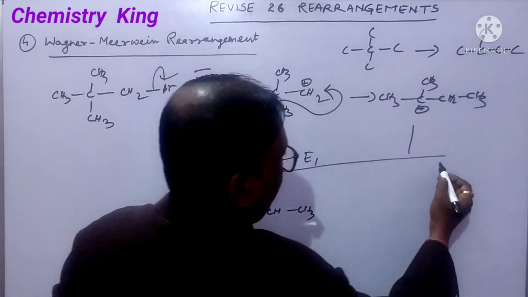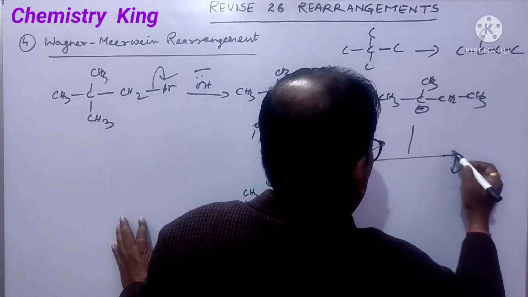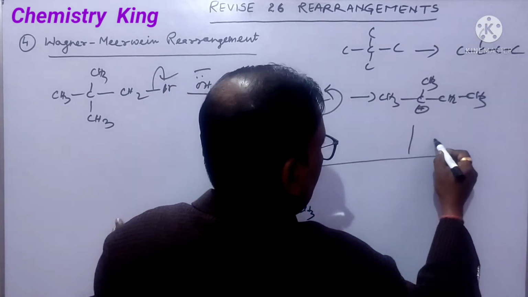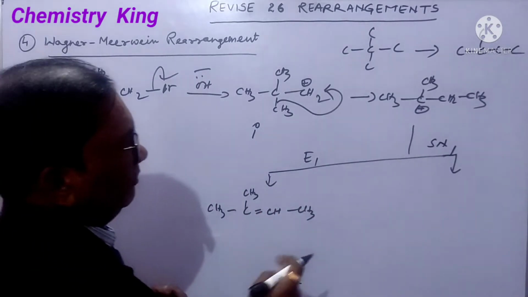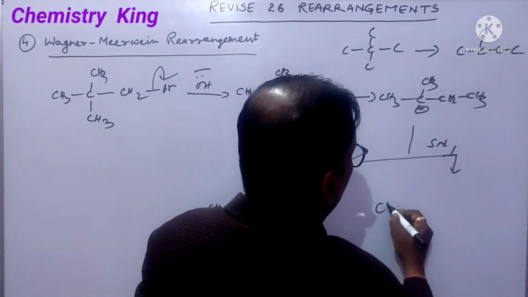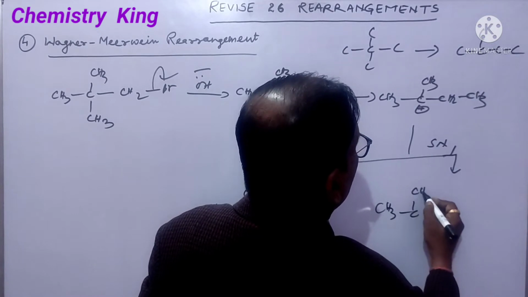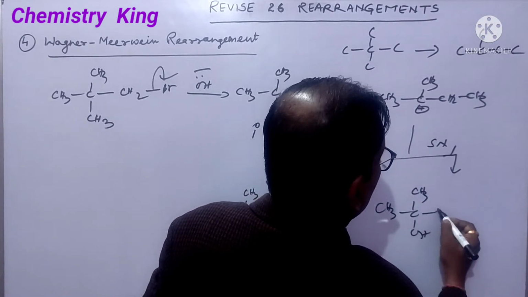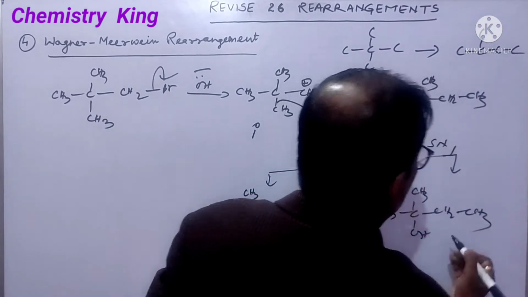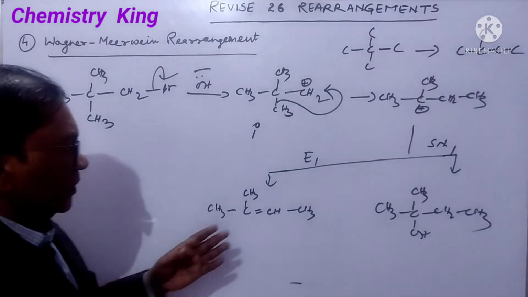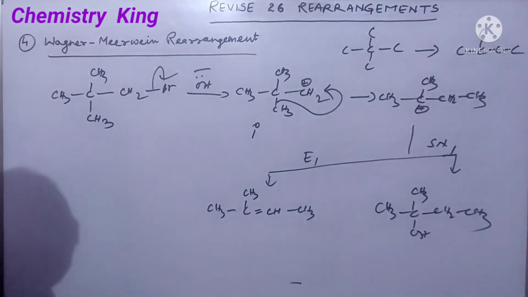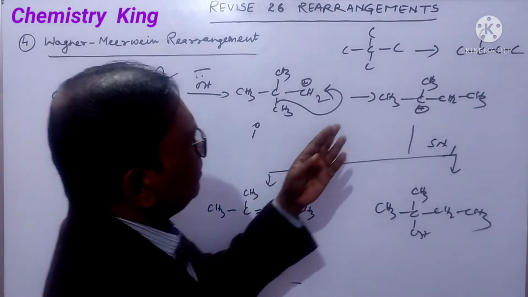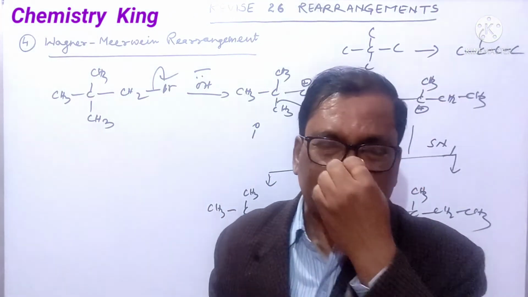It is E1. Now it is SN1. OH minus, you have taken base here. OH minus will come here and you will get CH3, CH3, OH, CH2, CH3. You will get this alcohol in this fashion. Here you have to remember that in Wagner Meerwein rearrangement, carbon skeleton is changed.